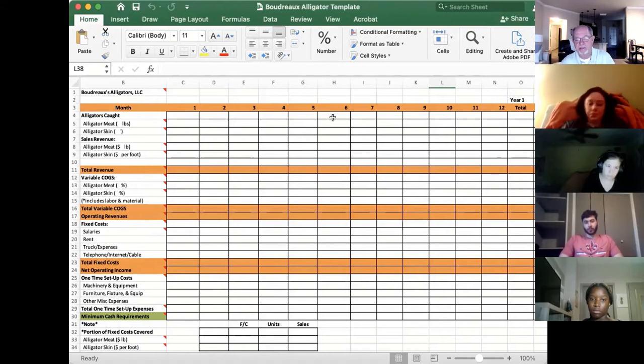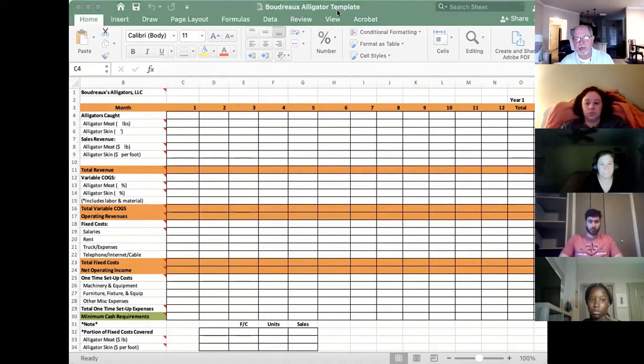Can you guys see this okay? Now, what we're going to do, we're going to look at the alligators he caught. Let me see if I can move this over so I can see both screens. Here's what Boudreaux said.